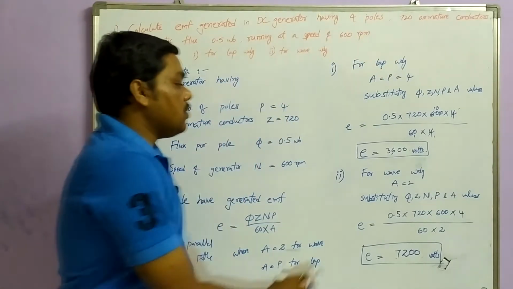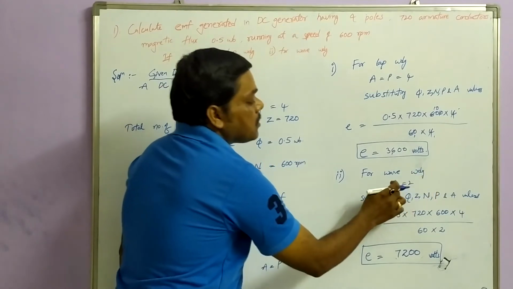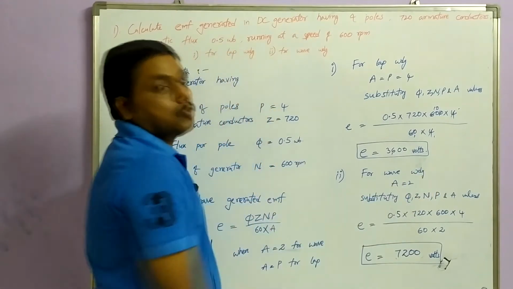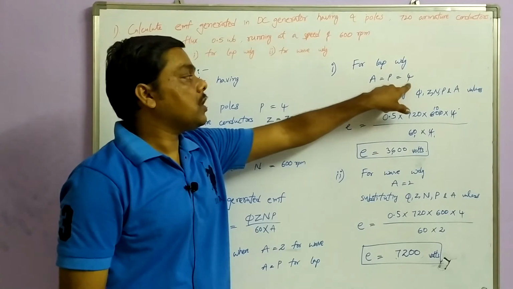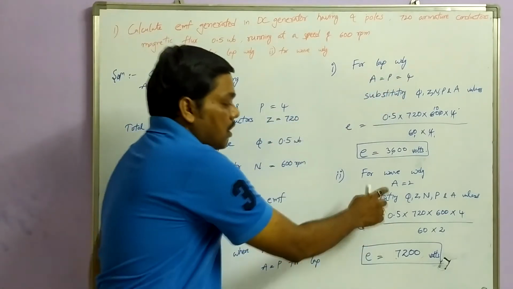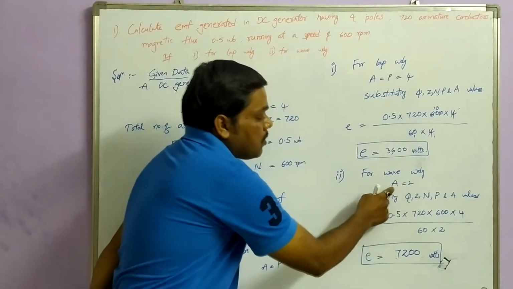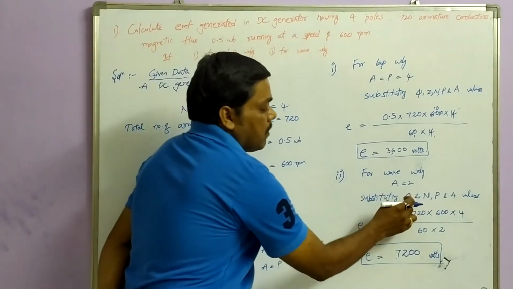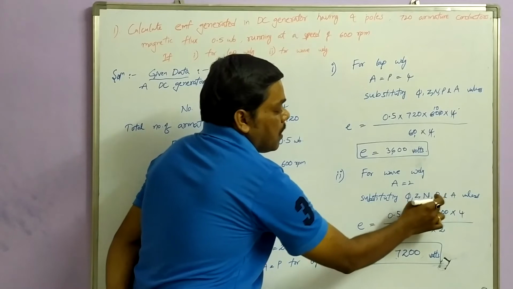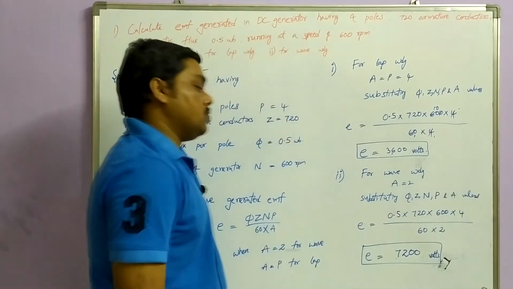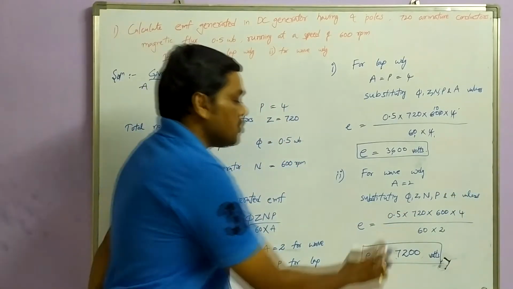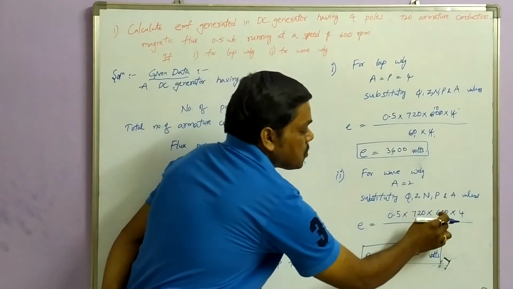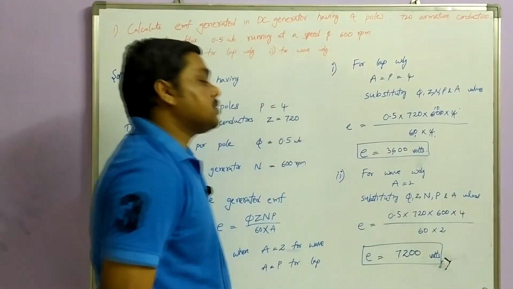Now similarly for wave winding, what is the difference? The number of parallel paths is now reduced to 2. In the previous case it is 4, equal to the number of poles, but for wave winding the number of parallel paths is always equal to 2. Substitute again the phi value, Z value, N value, P value and A value: 0.5 into 720 into 600 into 4 by 60 into 2.